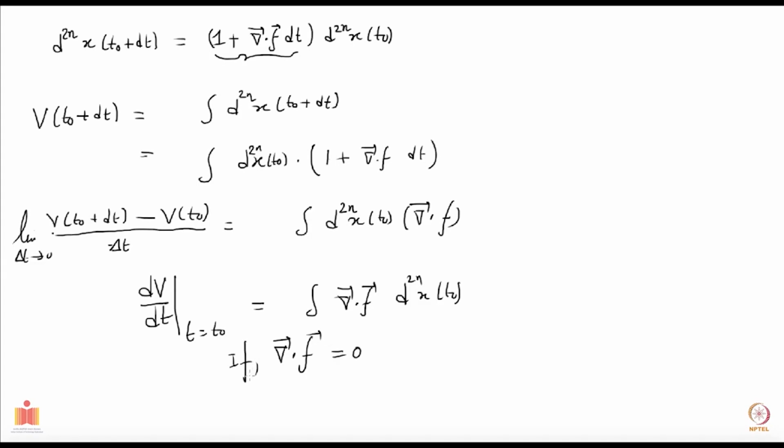If that is true, then dV over dt at any time t₀ will be 0, right? Or equivalently, at all times it will be 0. So the volume is not going to change with time if your f was divergence-less. So that is the generic conclusion for any system of ordinary differential equations.